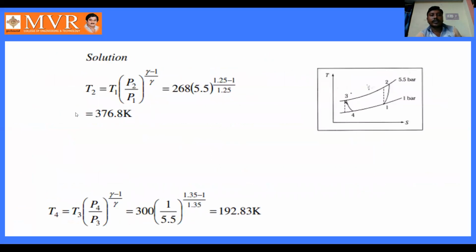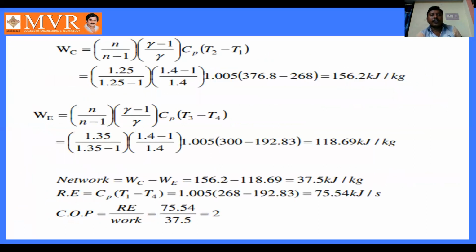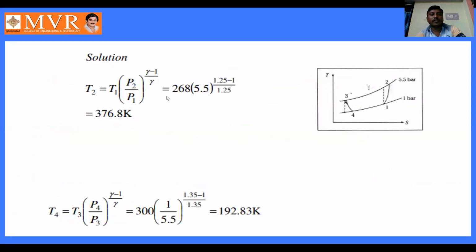Gamma is equal to n, so for this we are using n is equal to 1.25, that is n minus 1 means 1.25 minus 1. Gamma means 1.4, this is the expander value. Gamma is equal to 1.4, so gamma minus 1 by gamma uses 1.4.